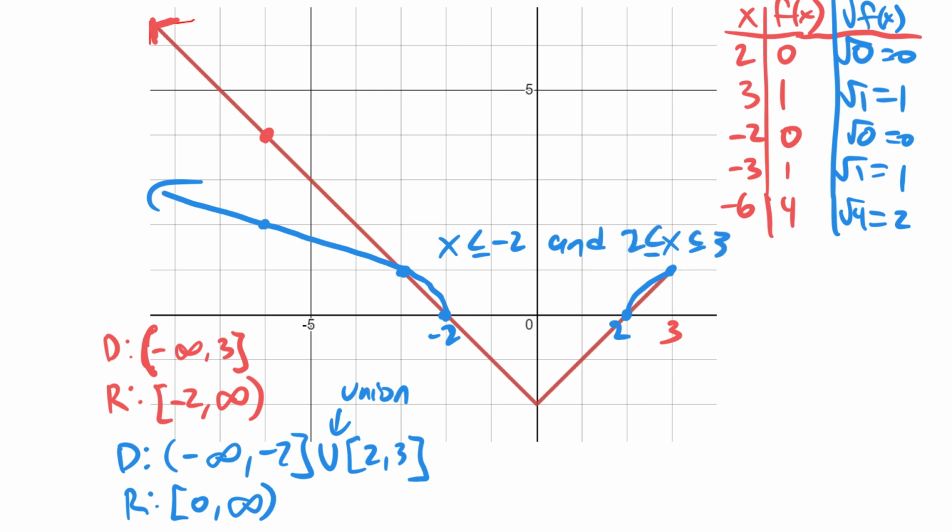Or maybe you might say x is less than or equal to negative 2, or x is between 2 and 3. And that's the thing, the and and the or sort of gets students a little confused.